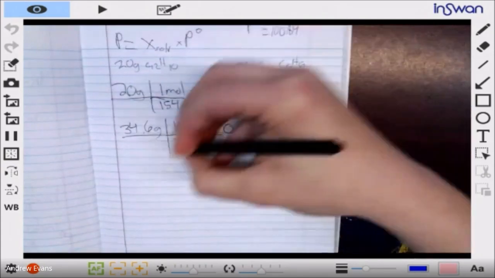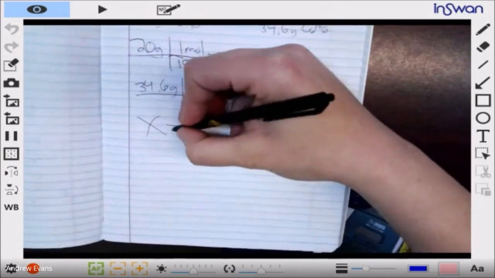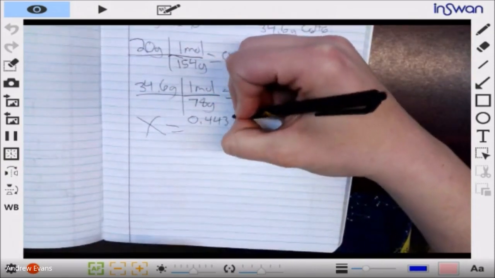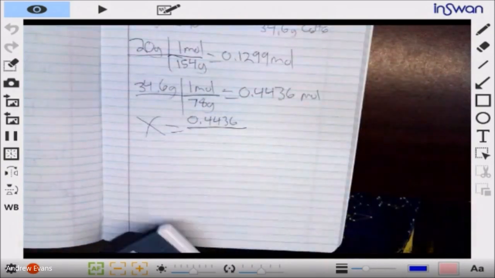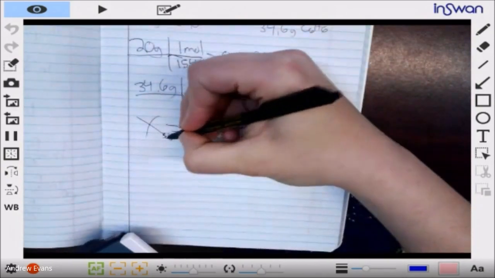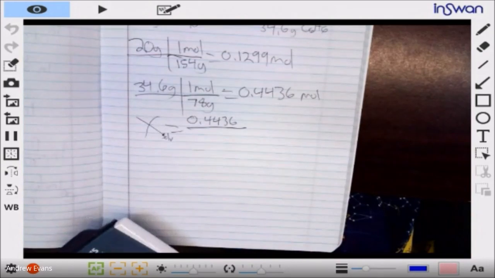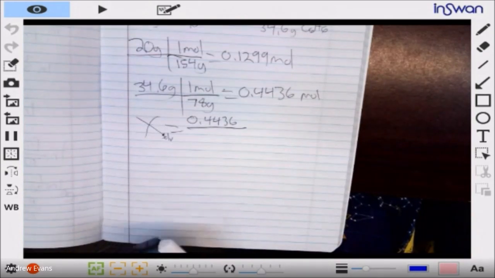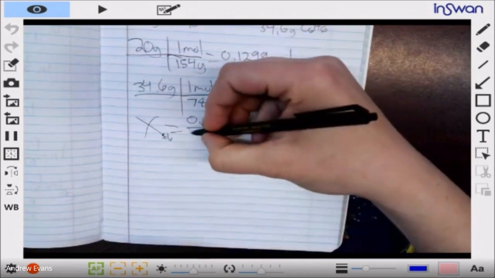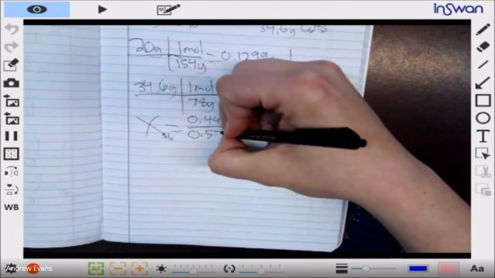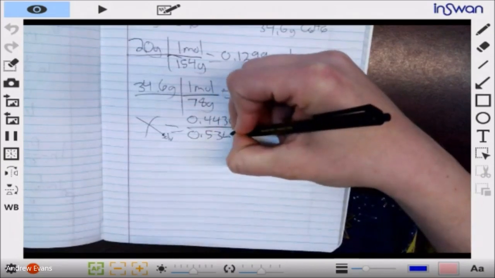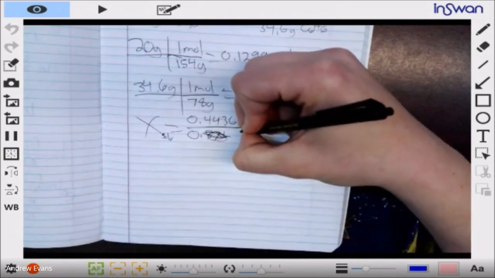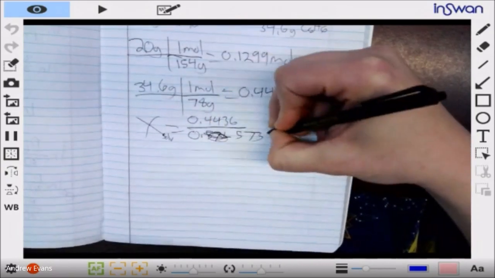Mole fraction is going to be our moles of solvent, 0.4436, divided by, well, the mole fraction of solvent is moles of solvent divided by total moles. So add 0.1299 onto that. You have 0.5735.